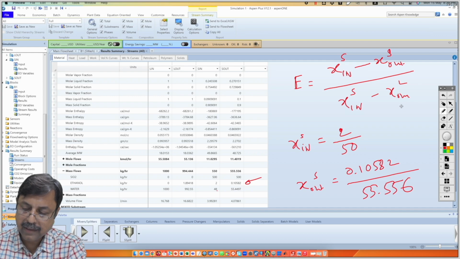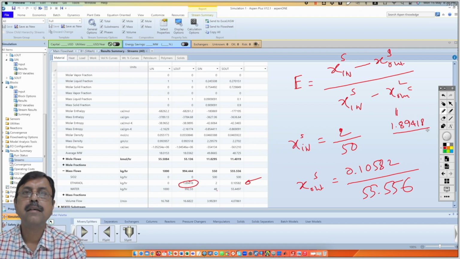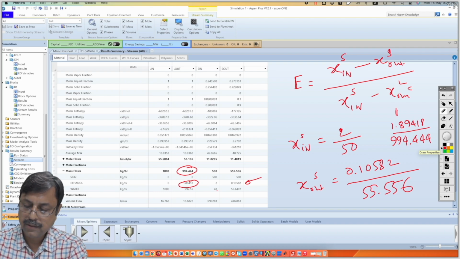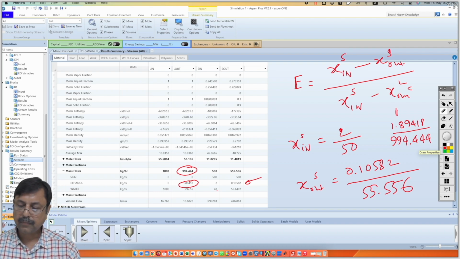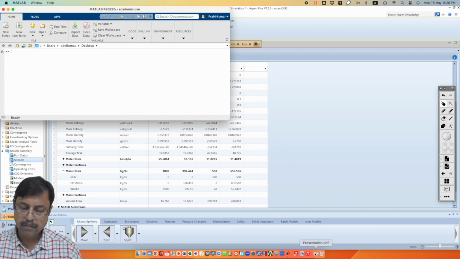And what is X out L? This will be the ethanol, 1.89418 by the total amount of liquid, that is 994.444. So let us calculate this. For that, let us go to the MATLAB window.